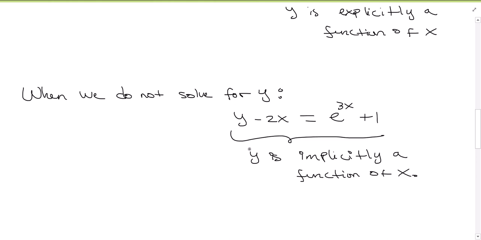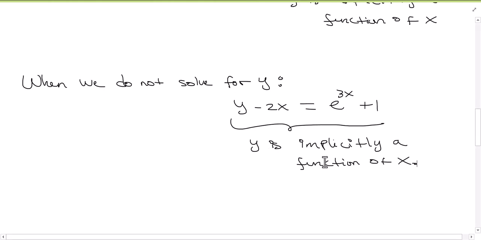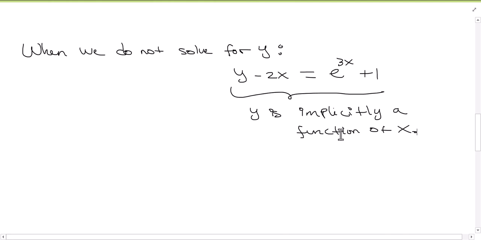So meaning it is implied that y is a function of x, but I don't write it as y equals f of x. We understand that the value of y depends on the value of x, but we're not solving for y to write it as y equals f of x. So I hope that that makes sense. So let's try another example.